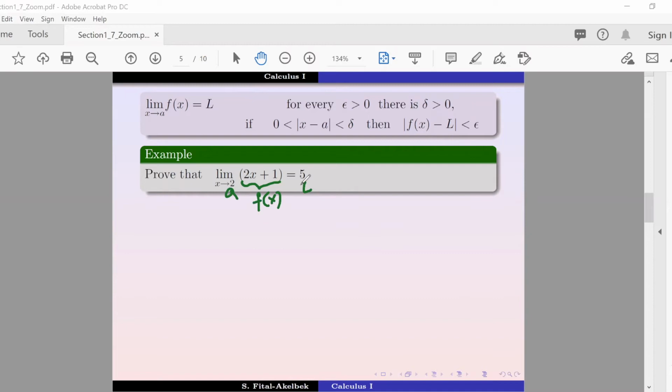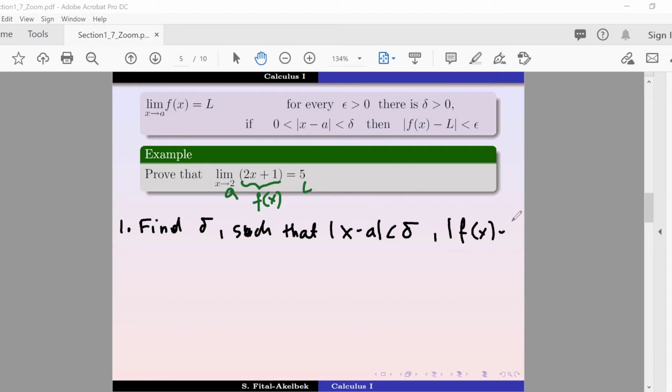And what we need to do, the proof goes in two steps. Number one, we need to find delta such that if absolute value x minus a is less than delta, then absolute value f of x minus L is less than epsilon.